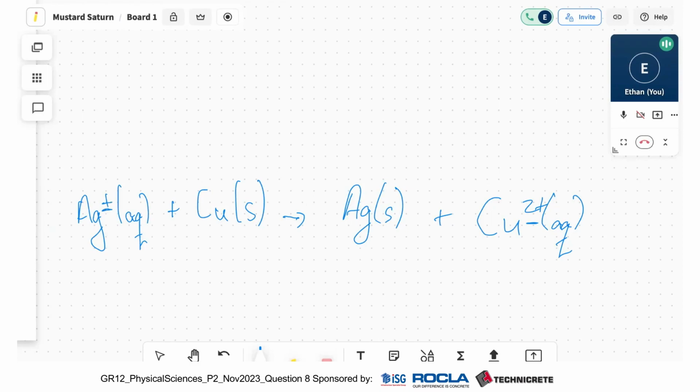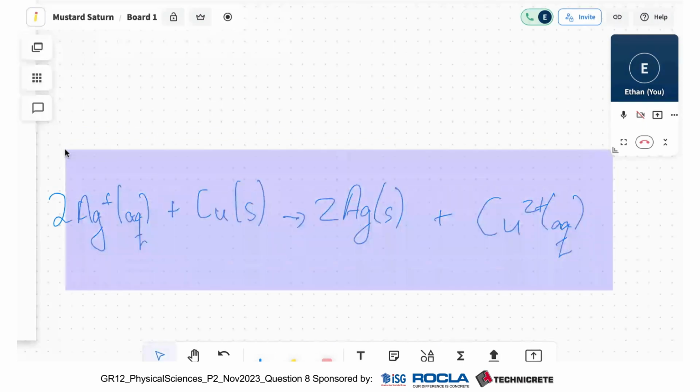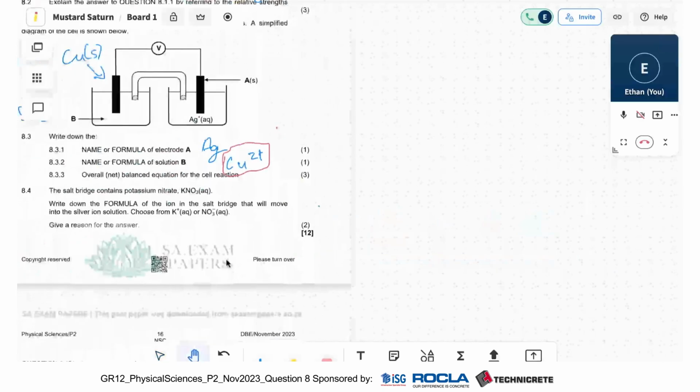So it actually takes 2 silver ions to oxidize copper metal to copper 2 plus. So this needs to be 2 as well. The charges have to balance. So that's basically the trick to this one, is just realizing that the charges have to balance. So this is our net balanced equation.